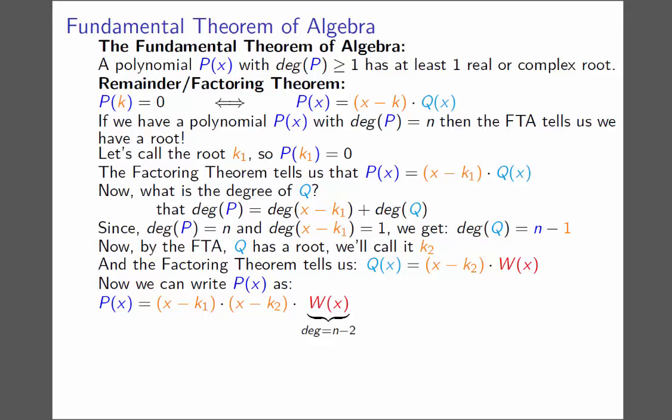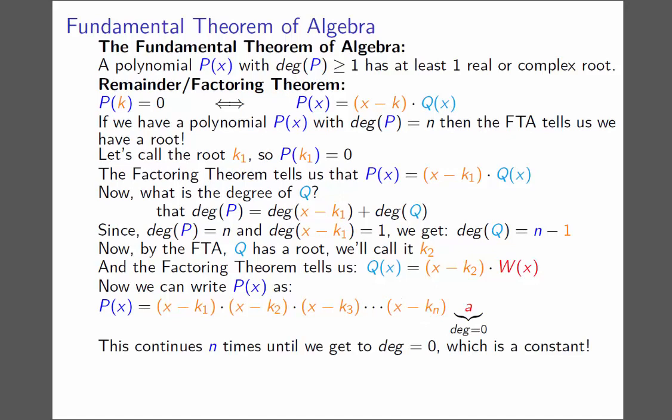And we can continue this, rewriting w of x as x minus some other root k3 times t of x, which has degree 1 less again, n minus 3. And this continues n times until we get down to degree equals 0, because then the fundamental theorem of algebra doesn't give us a root.